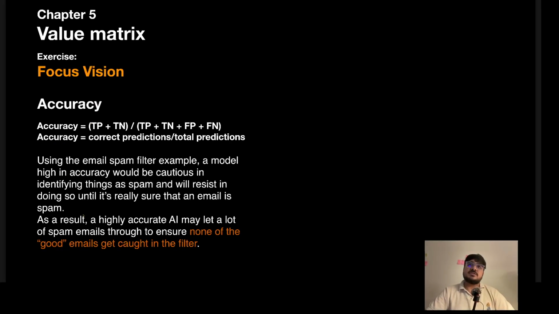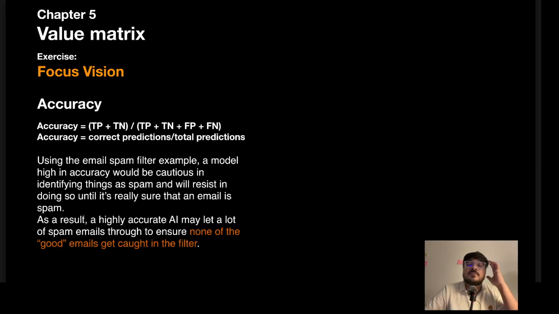If you want to understand how to define accuracy in the simplest terms, we'll take an example of a spam filter in an email box. We many times get spam emails. Suppose some AI is filtering all these spam mails from the normal mails.